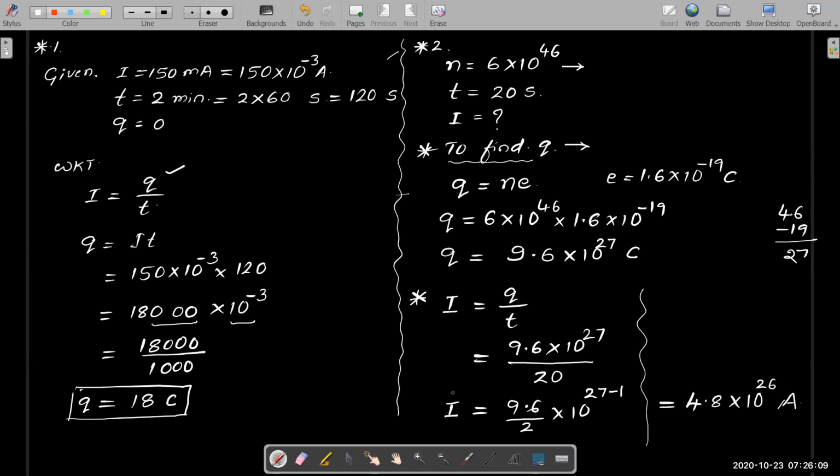After the calculation, for every calculation, you have to write the unit. If you don't write the proper unit, then you may get lesser marks. Remember.